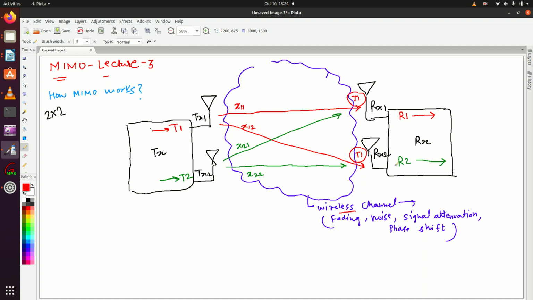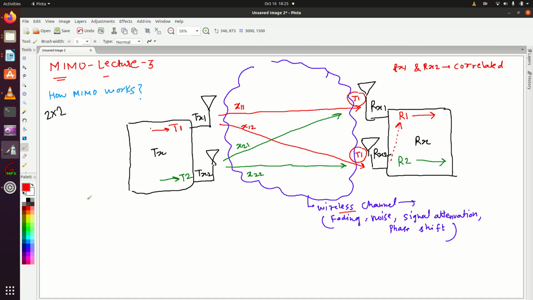So RX2 will forward this T1 signal to the RX1 antenna, because T1 is of no use for the RX2 antenna. These RX1 and RX2 antennas are correlated to each other. Correlated means they can communicate with each other, so internally they can share the signals between them.